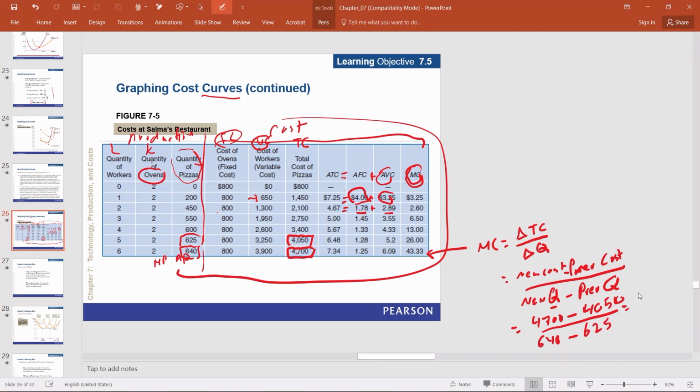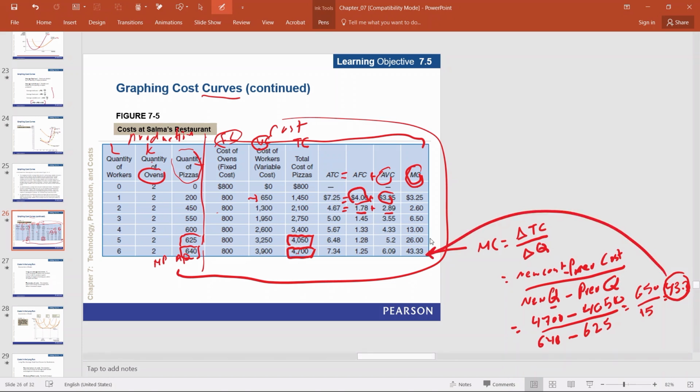So this is 650, and this one is 15, and this will result in this number, 4333. So check this with this number here, it will be the same.